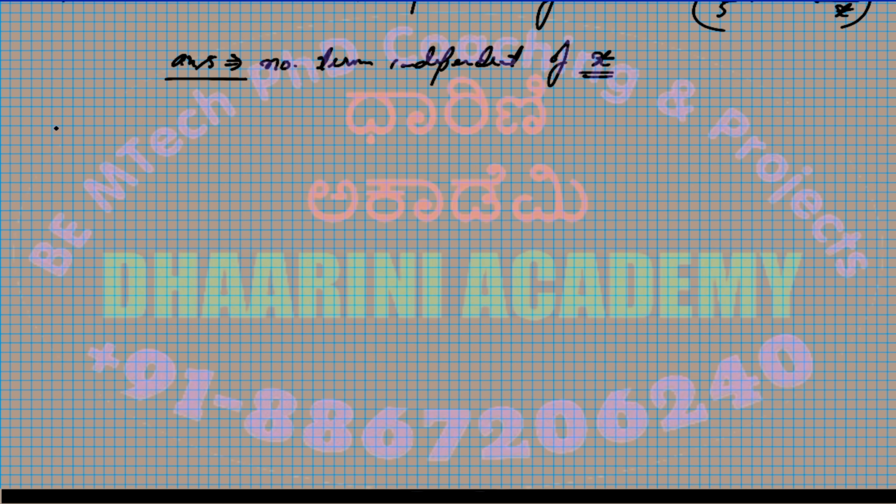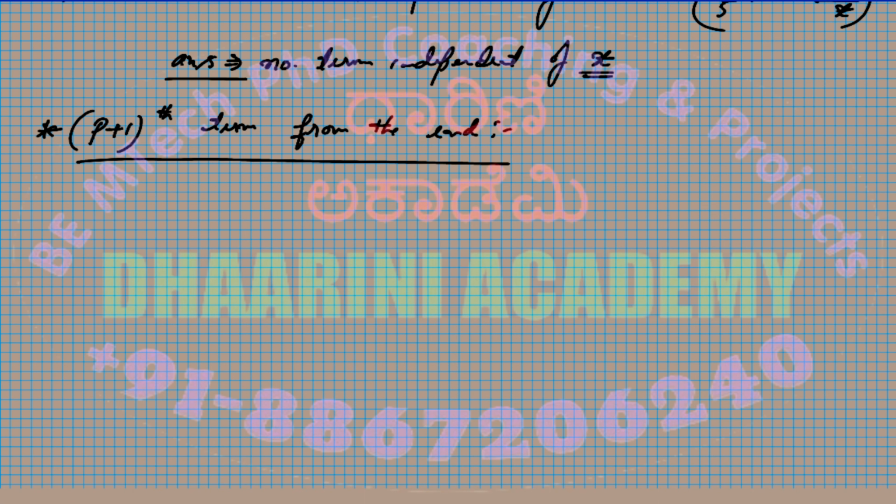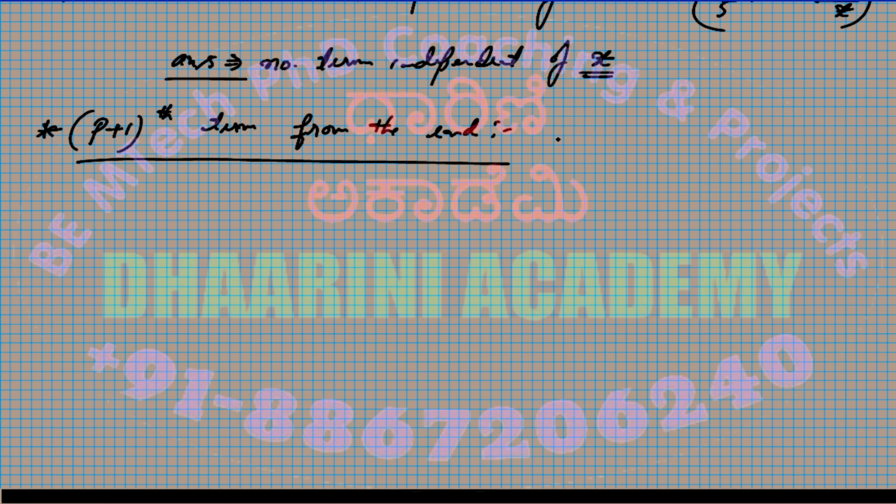Let's move further. The next topic is the p plus 1th term from the end. So far we were calculating from the beginning, right? Now, whenever I want to find the p plus 1th term from the end, I'm actually talking about the expansion of (x plus a) to the power n.